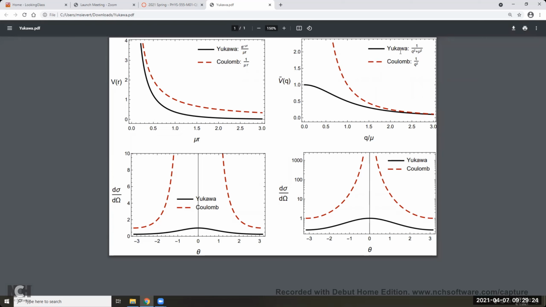So the effect of the mass in the Yukawa potential is it takes that growth at low momentum and cuts it off. You go to a finite maximum of low momentum modes for the Yukawa potential. On the other hand, the Coulomb potential of E and M blows up. You have an unlimited number of low momentum photons.